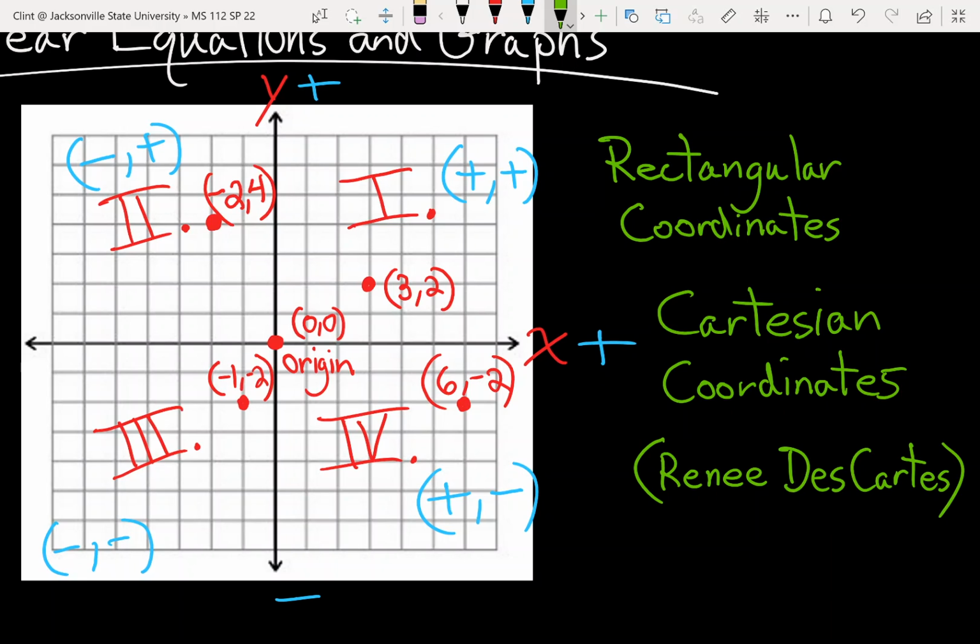You want to know where the point 7, 2 would be. That's positive 7, so you go to the right 7, and then positive 2, so we go up 2. And we have the plotted point. And then you want to be able to identify which quadrant a point is in, 1, 2, 3, or 4, so remember those.